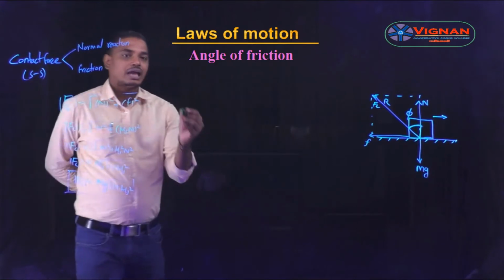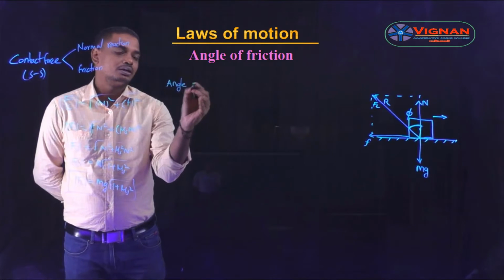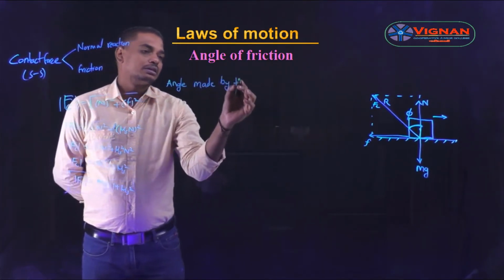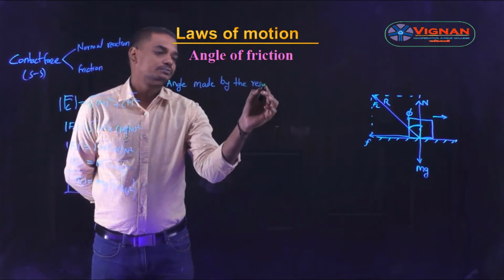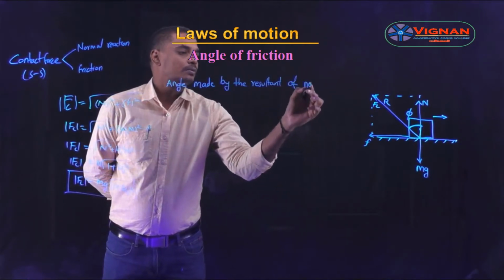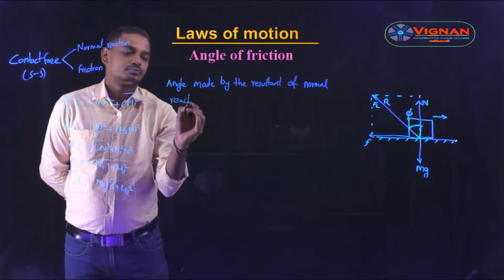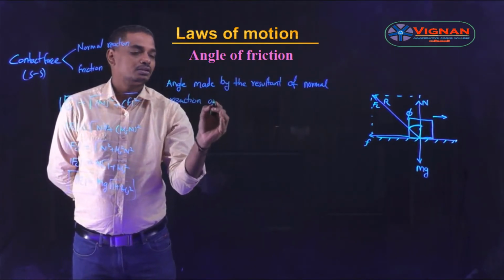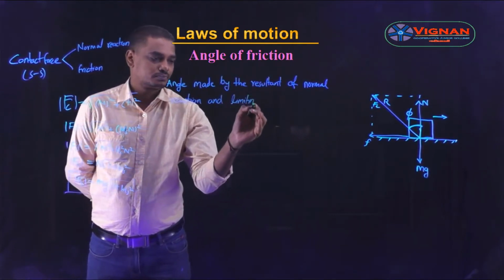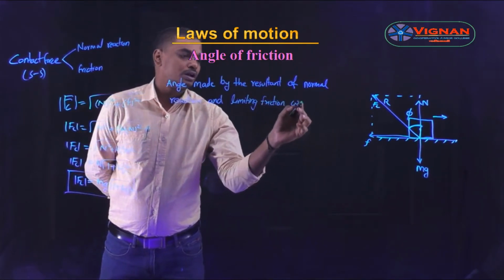So the definition of the angle of friction is nothing but the angle made by the resultant of normal reaction and limiting friction with normal reaction.